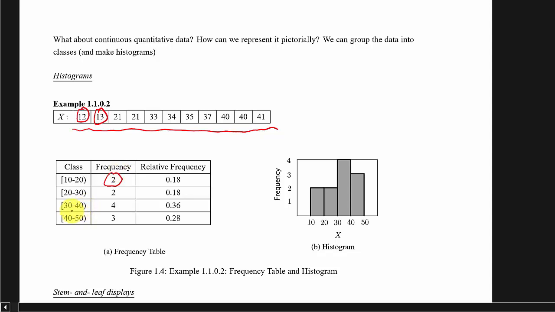You can see that between 30 and 40, well, how many is that? 1, 2, 3, 4. And so that's where that 4 comes from. Notice the parenthesis here on the 40. So that means the 40 is not included. All right. Now, they also have a relative frequency.